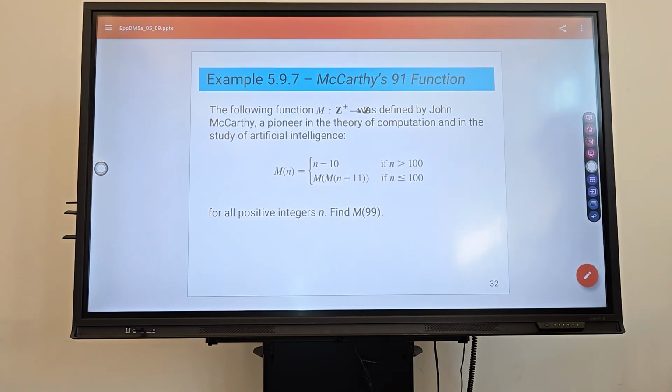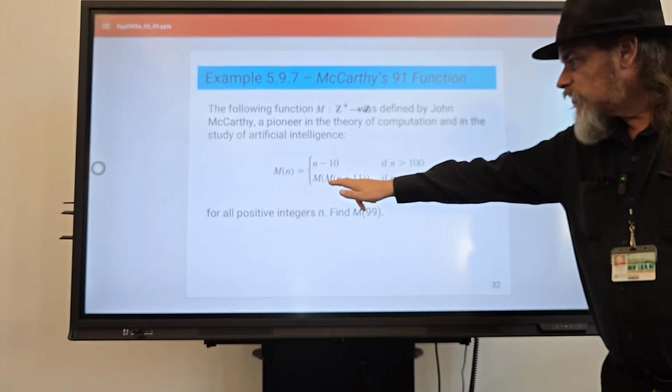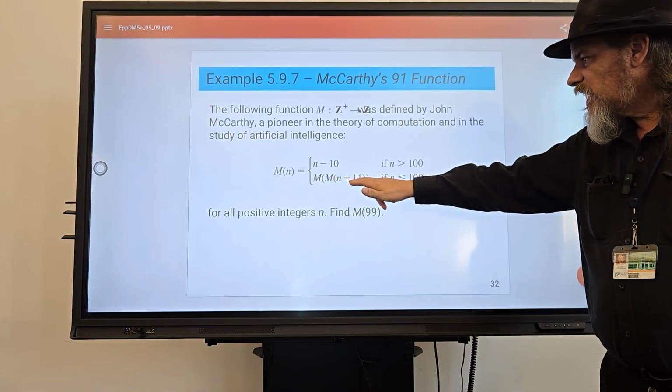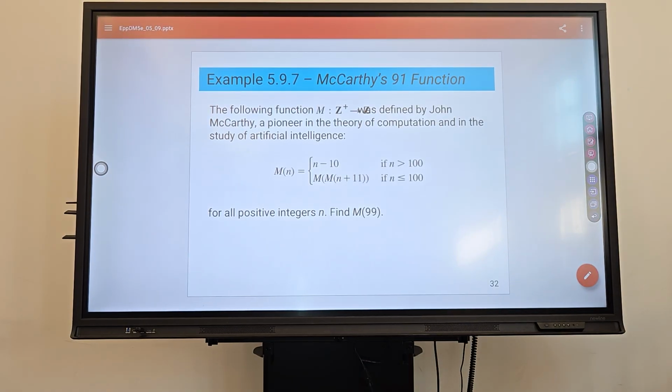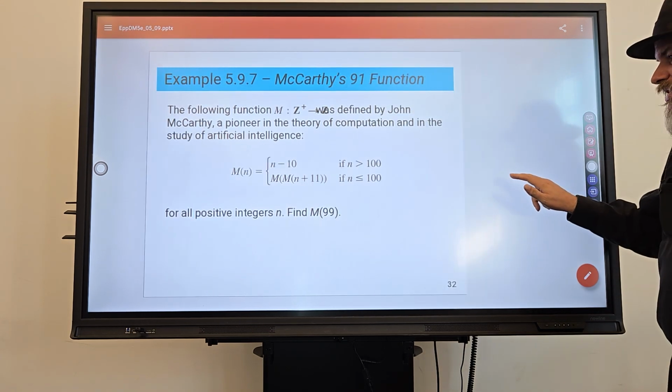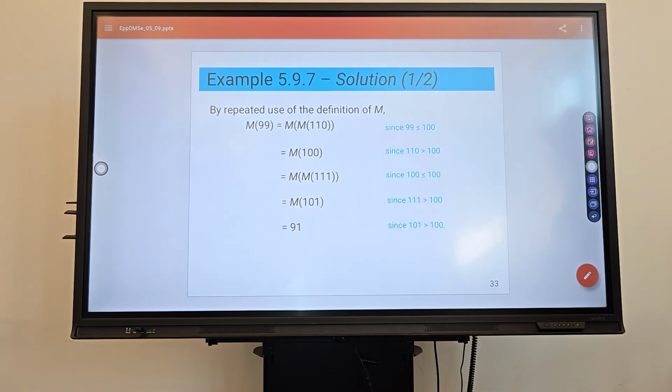If n is less than or equal to 100, M of n equals M of M of n plus 11. For all positive integers n, find M of 99. Well, by repeated use of the definition of M, you get 91 through your various substitutions.